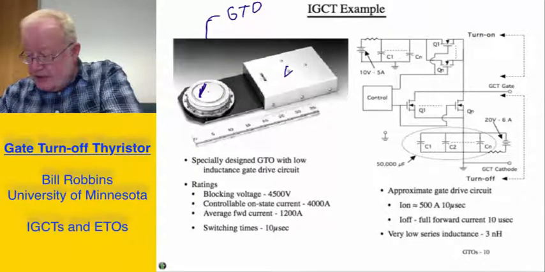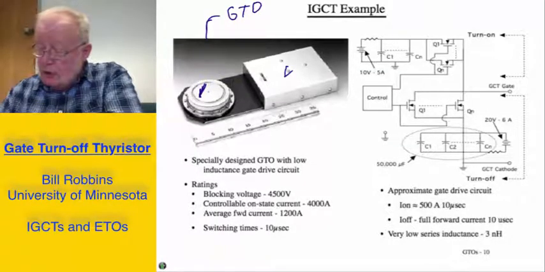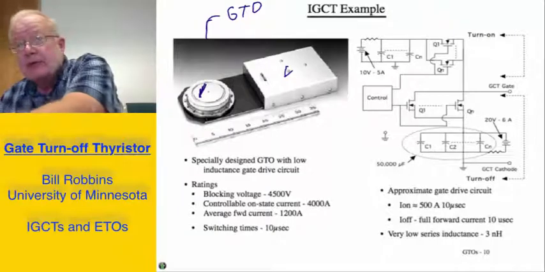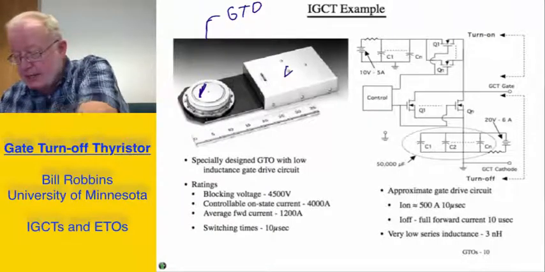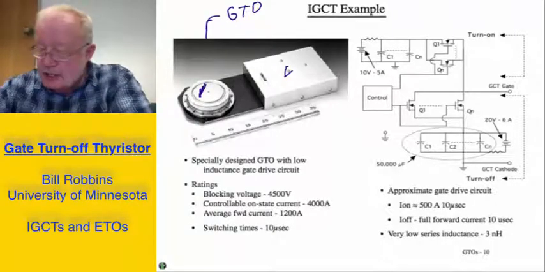This drive circuit can provide on-state currents of 500 amps positive gate current for 10 microseconds, and off-state currents equal to the full forward current for at least 10 microseconds, and very low series inductance, 3 nanohenries or less, in the gate drive circuit.